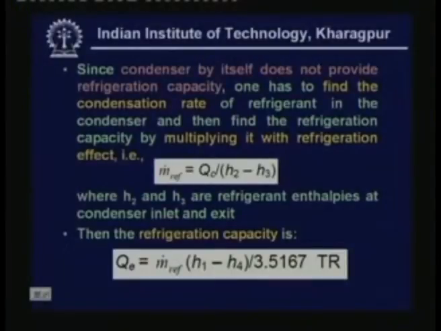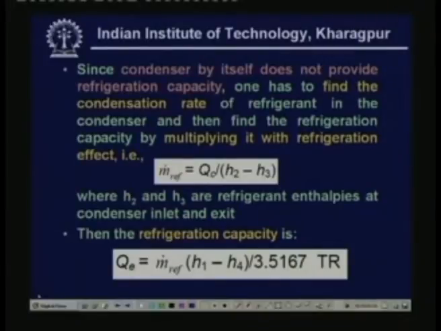However, the condenser by itself does not provide refrigeration capacity. So one has to find the condensation rate of refrigerant in the condenser and then find the refrigeration capacity by multiplying it with the refrigeration effect. First we have to find out QC, the heat transfer rate in the condenser.